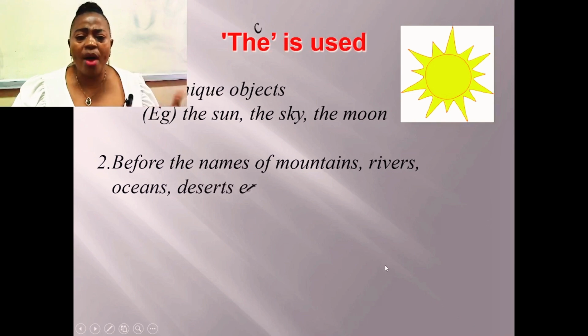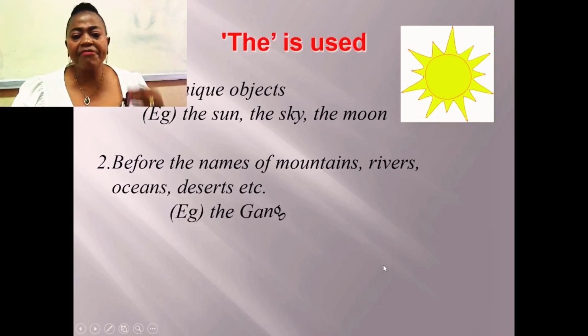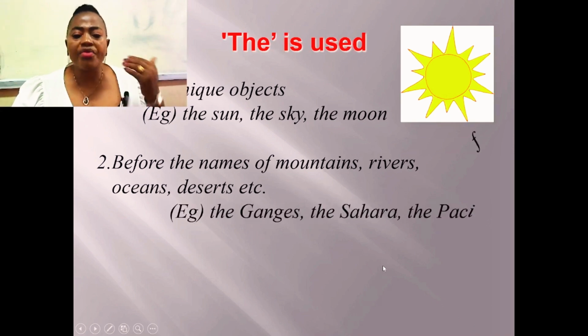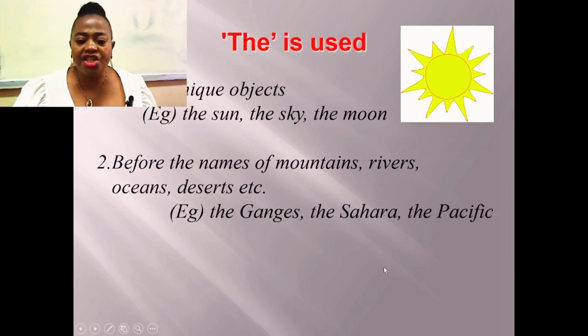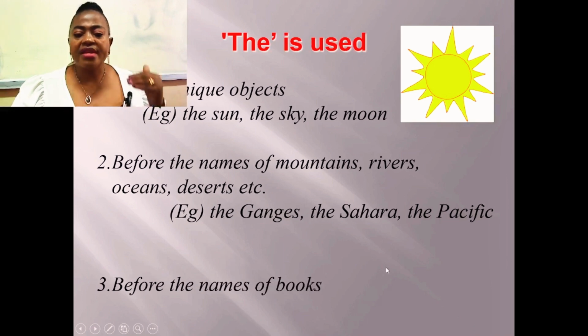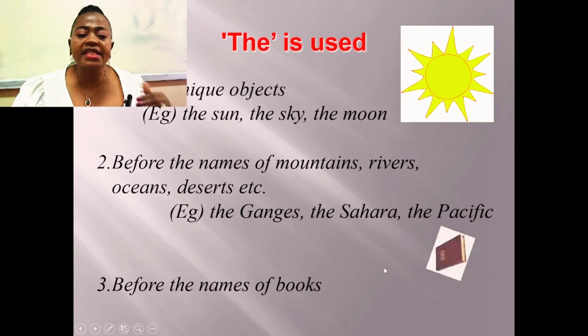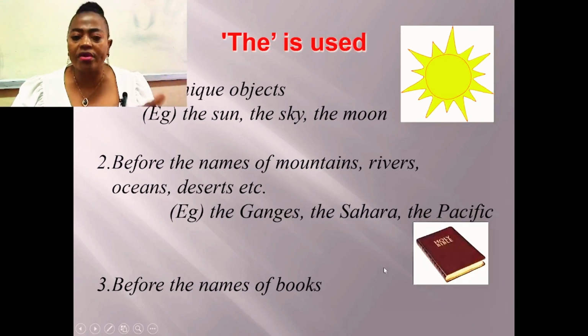The second one is before the names of mountains, rivers, oceans, deserts. For example, the Ganges, the Sahara, the Pacific. And also we use THE before the names of books.